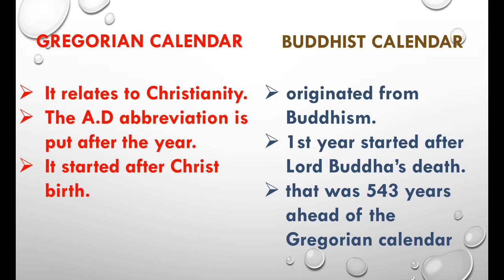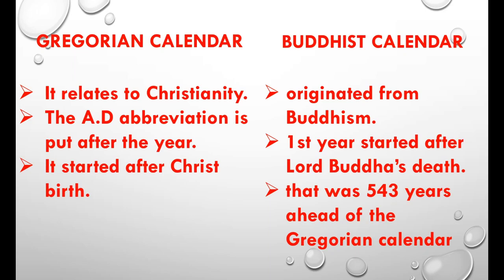And what is the Buddhist calendar? Repeat after me. The Buddhist calendar originated from Buddhism. First year started after Lord Buddha's death. That was 543 years ahead of the Gregorian calendar.